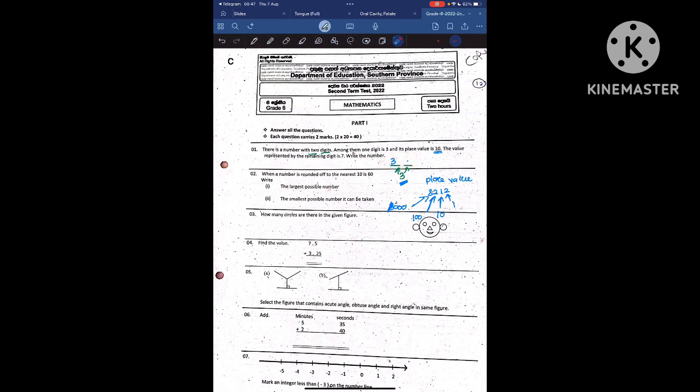Okay, so the value represented by the remaining digit is 7. So the 7 is here. Write the number: it is 37.